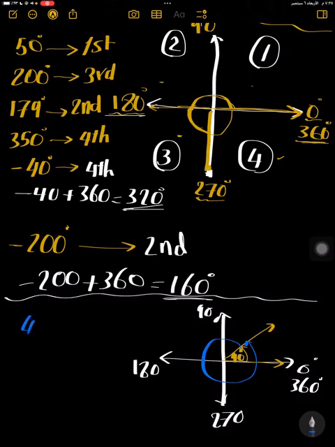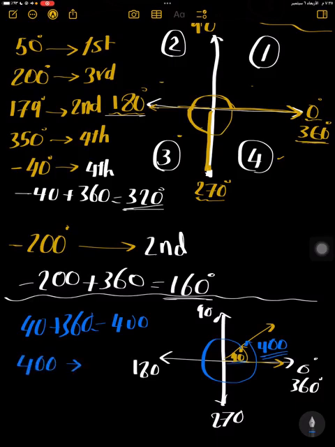If we make 40 plus 360, it will be 400. We can say that 400 is equivalent to 40, because the terminal side of angle 40 is itself the terminal side of angle 400.